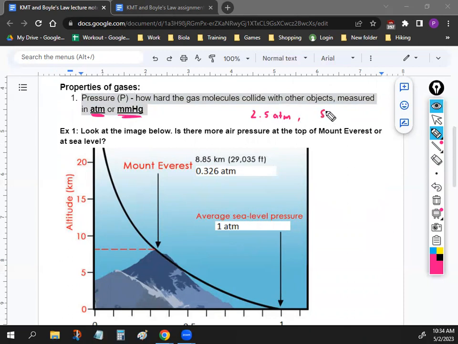Or you can have something like 800 millimeters of mercury. So these are just ways that we measure it, and then we put numbers in the front. Okay, it's kind of like grams, pounds. We just put a number in front of the unit of measurement. Okay. So the higher the number in front of the unit of measurement, the more pressure there is.